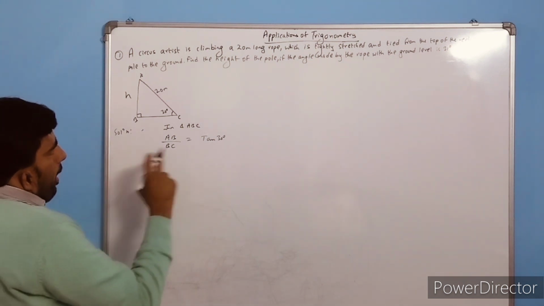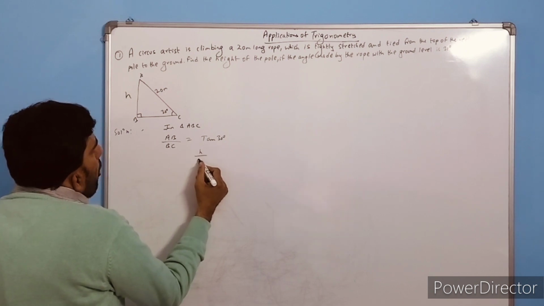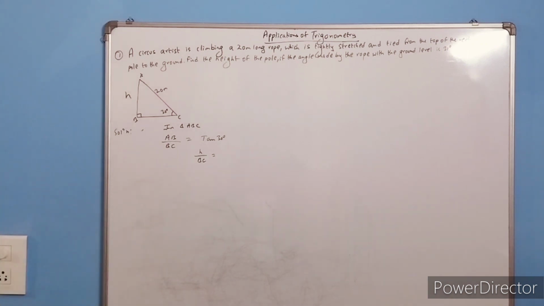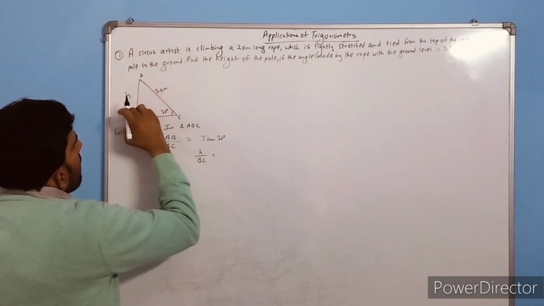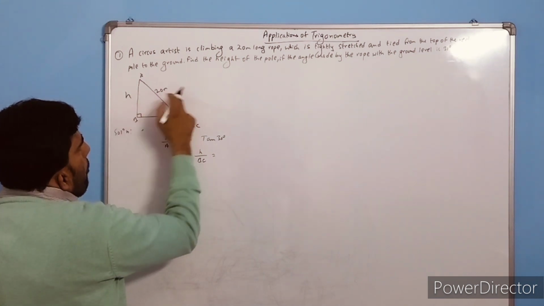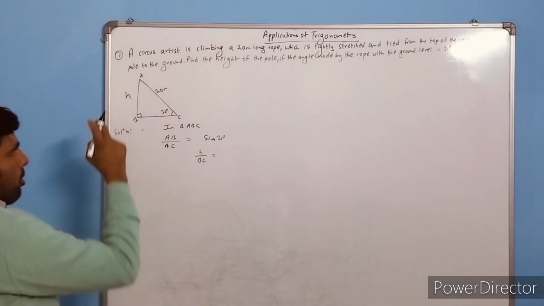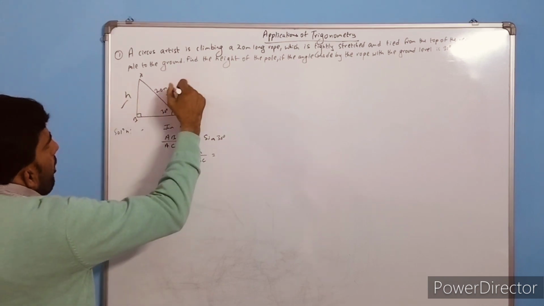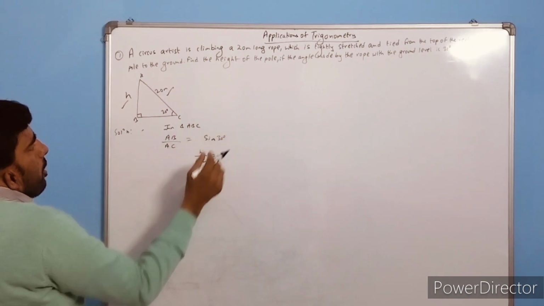Tan means P upon B. So here I will write height upon BC is equal to, wait, no, you can't apply this because of what is given. So we'll write AB upon AC. Now P upon H, so P upon H is sin 30 degree, because what needs to be found and what is given is becoming the ratio.